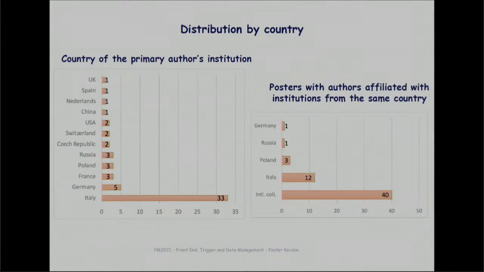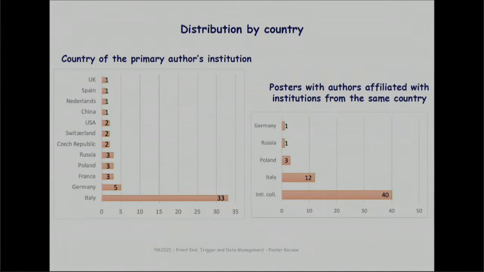It's the posters with the authors affiliated all from the same country. So one contribution with authors all from Germany, one with all from Russia, 12 with all from Italy, and international collaborations is when there are more than one country involved. So really, it's an international society we are talking about here.